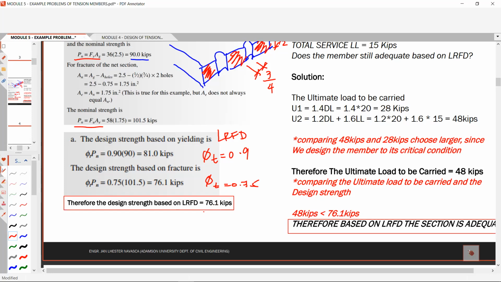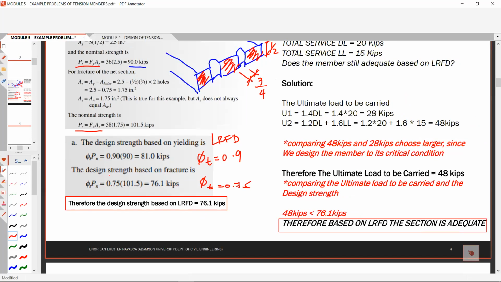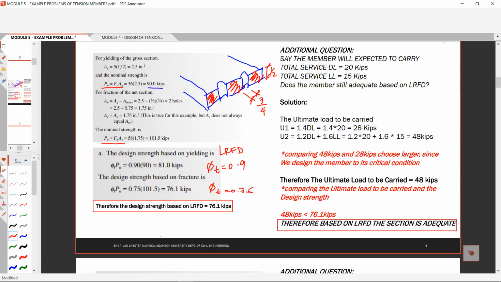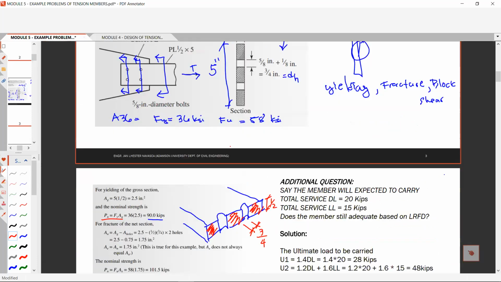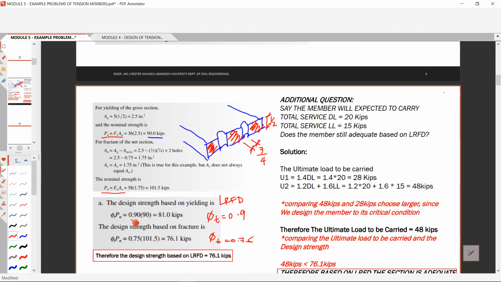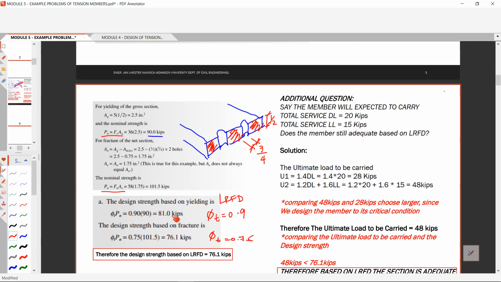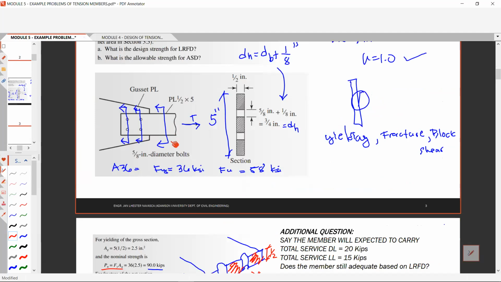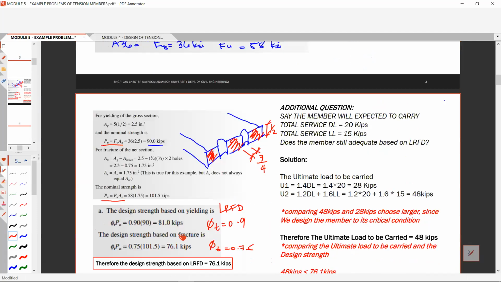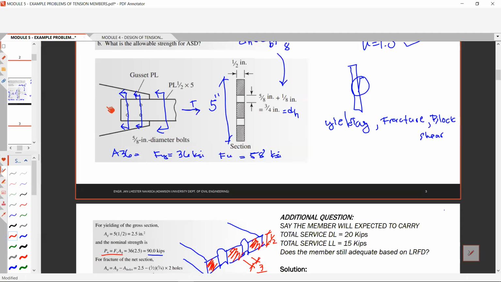Why? For example, you have the same problem, with this connection and this connection. According to the computation, at a load of 81 kips your connection will yield, then at 76.1 kips your connection will fracture.